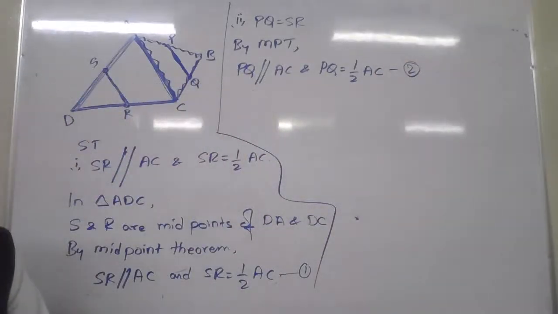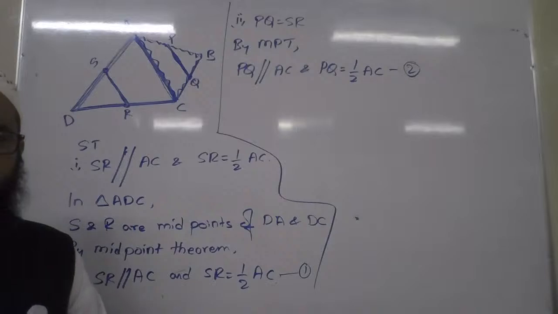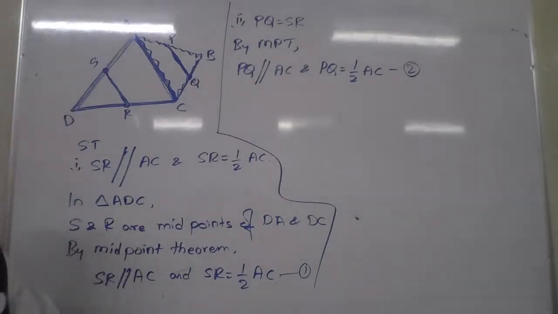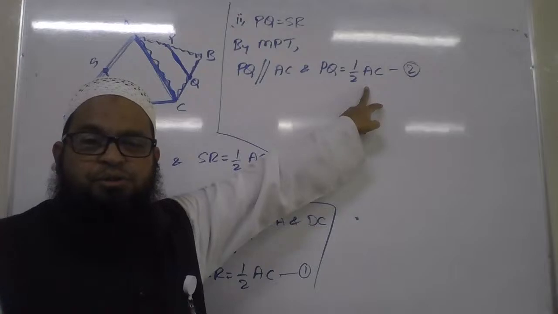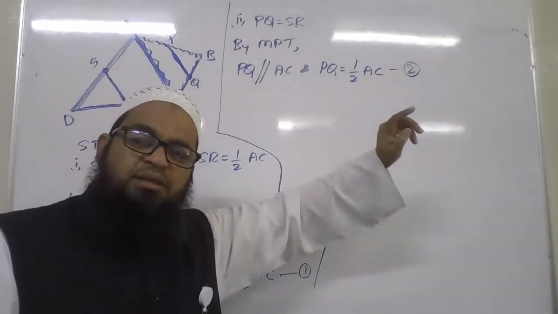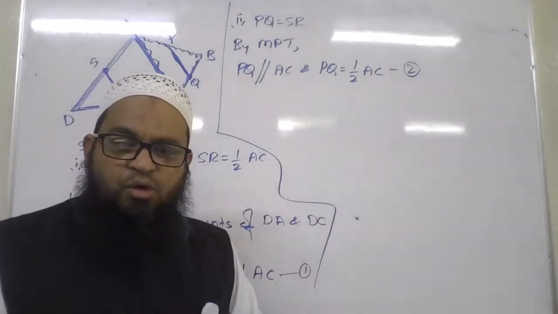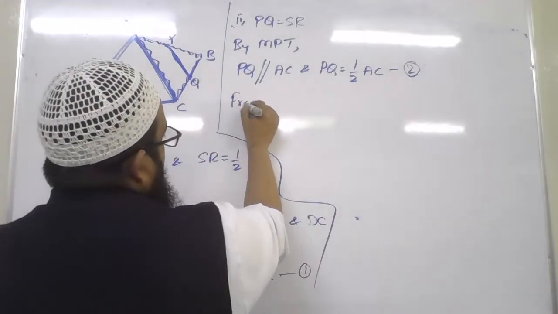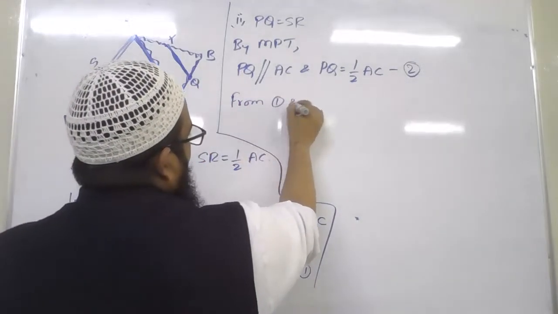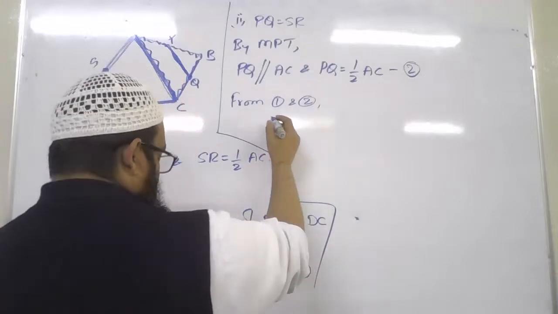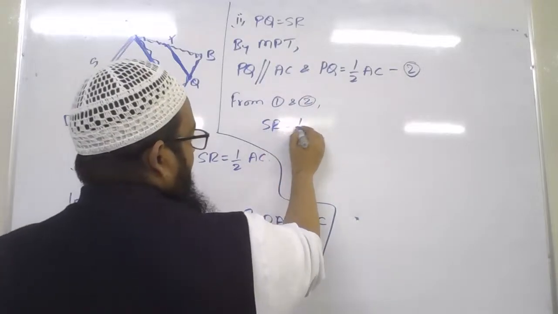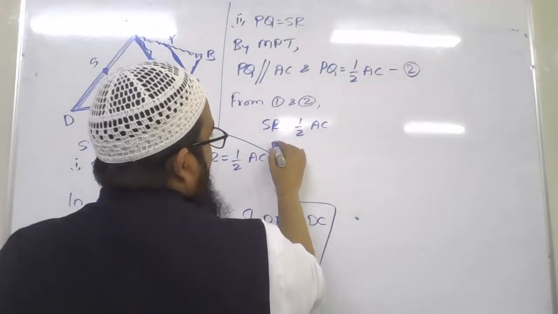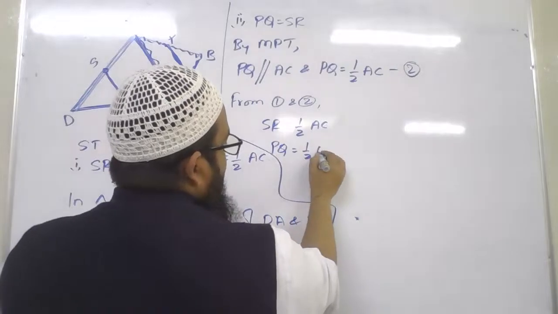So now what happens, my dear students? In the first equation, half AC and in the second equation also half AC. So are the first equation and second equation equal? Yes. So from 1 and 2, SR is equal to half AC, PQ is equal to half AC.